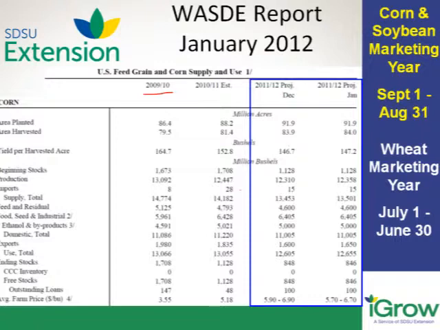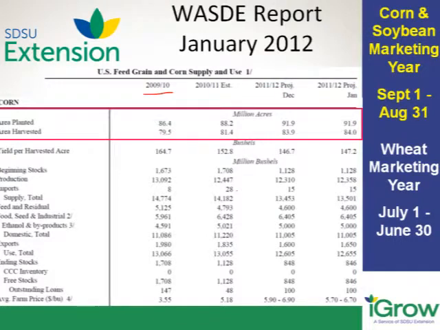Now, just taking a look then at some of the numbers in these reports, you see here in the top part highlighted is mostly supply information, the number of acres planted and the number of acres harvested. Typically, we have what we call abandonment of about 9% or so in the United States. In other words, about 9% of corn that's planted isn't harvested for grain, either because it's cut for silage or abandoned due to drought or flooding or a variety of other problems.